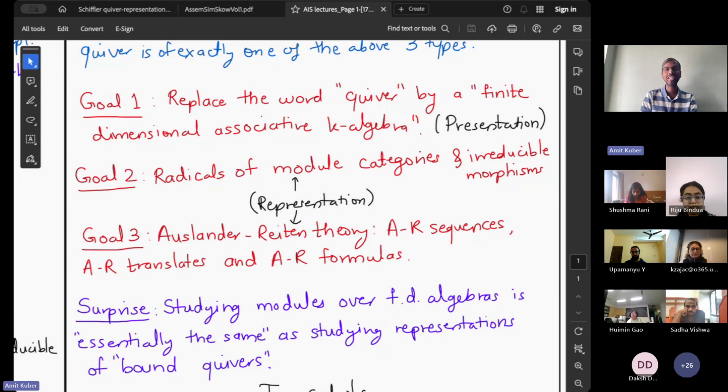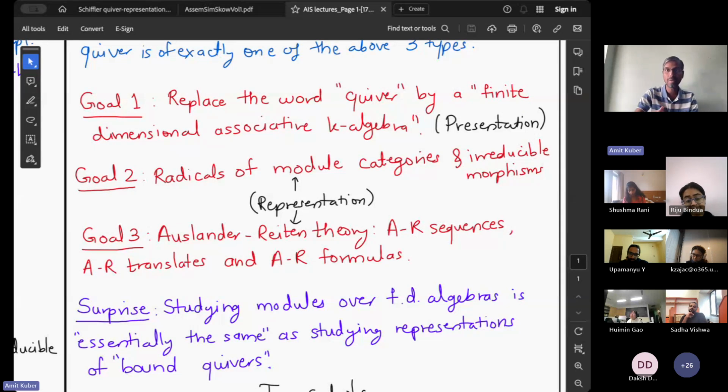The word essentially the same actually refers to Morita equivalence, which means their module categories are equivalent. Bound quivers means quivers with certain relations. I will explain what they are when the time is right. Therefore, we can interchangeably use the word representation or module. And we have captured all finite dimensional associative algebras in this way.